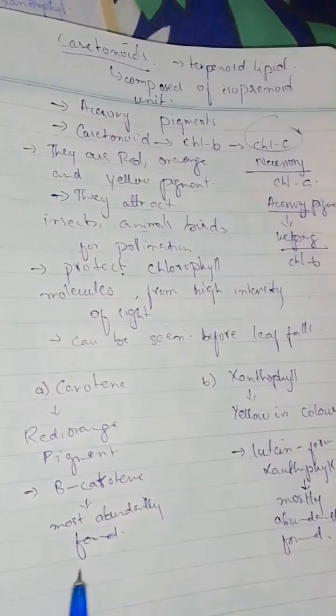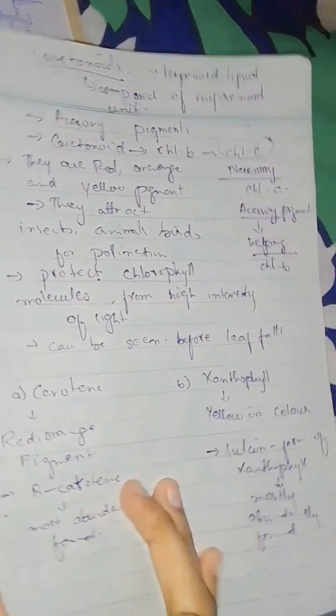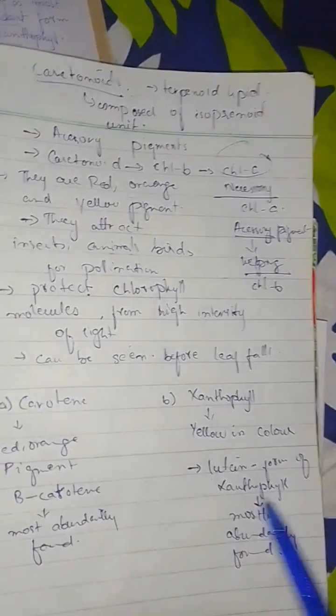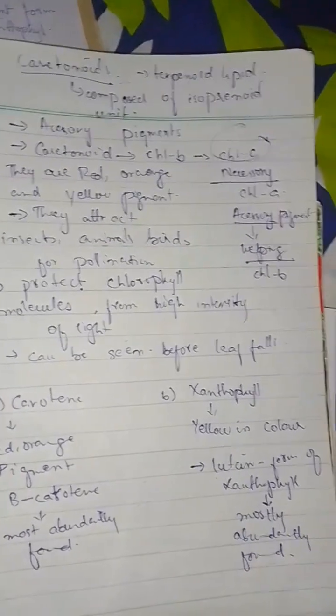So that is the difference between them: beta carotene is the most abundantly found here, and xanthophyll is yellow in color.